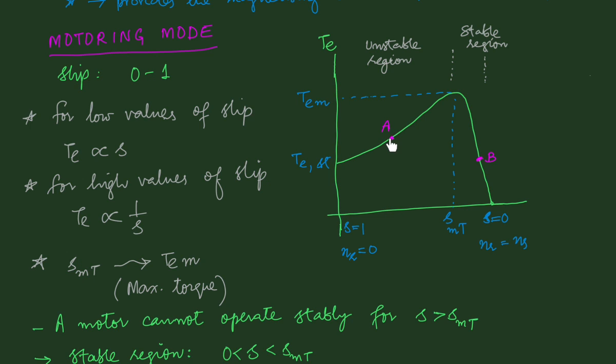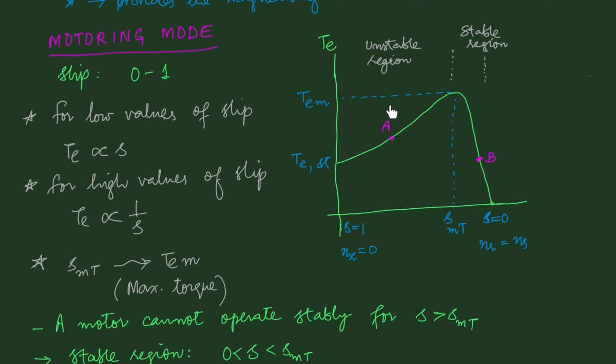Now, suppose that there is a small increment of load on the motor. That means the load torque has been increased. The initial response of the increased load torque will be to decelerate the motor a little bit, and because of deceleration, the speed of the motor will decrease a little bit, and as the motor speed decreases, the operating point will shift to the left.